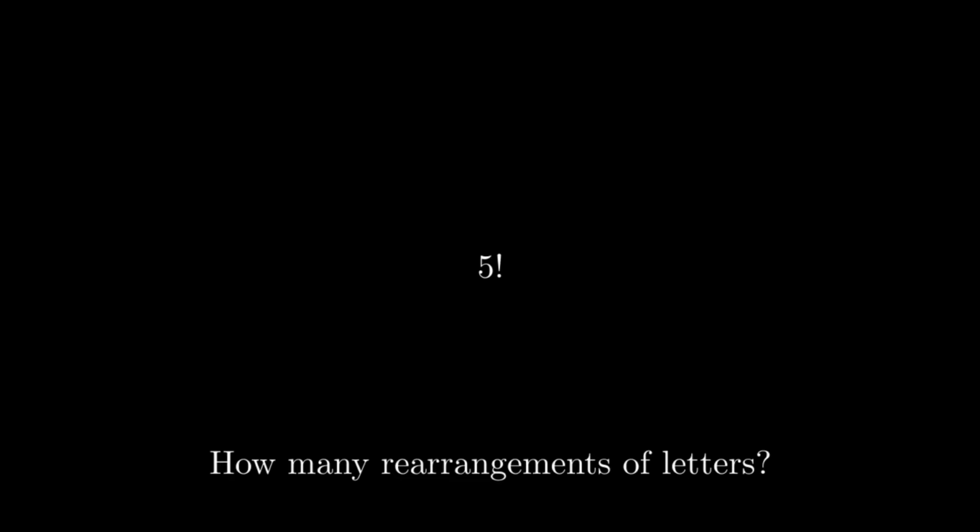And we can in fact write any number as a factorial if it's just the product of that number times that number minus 1 times that number minus 2 all the way to 2 times 1. When we compute the value of 5 factorial, we'll get 120. Thus, there is a total of 120 different rearrangements of the letters in the word bravo.